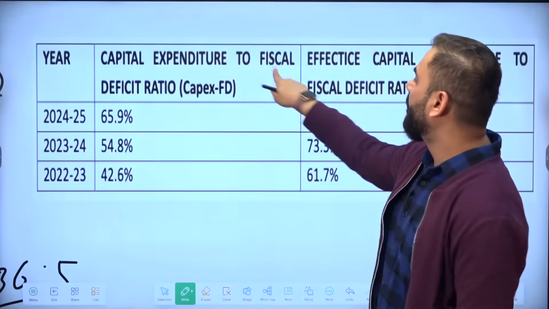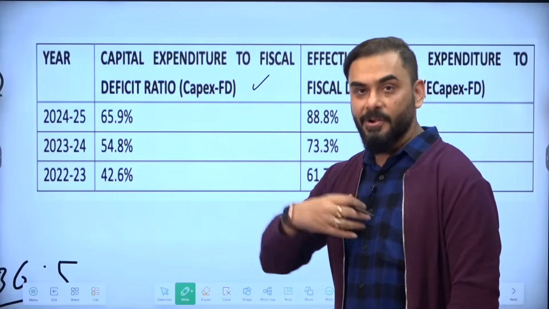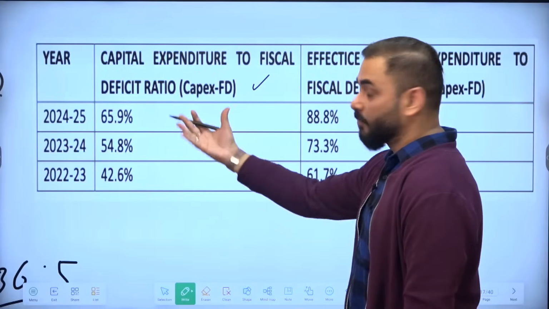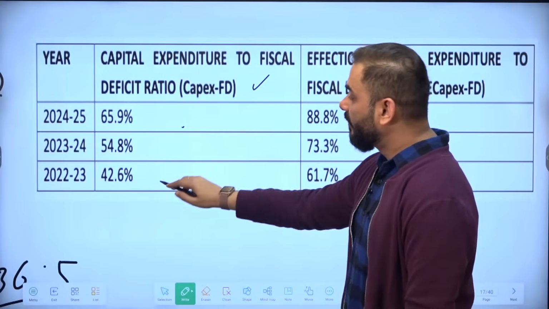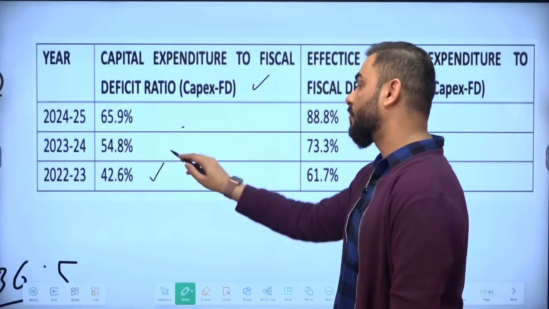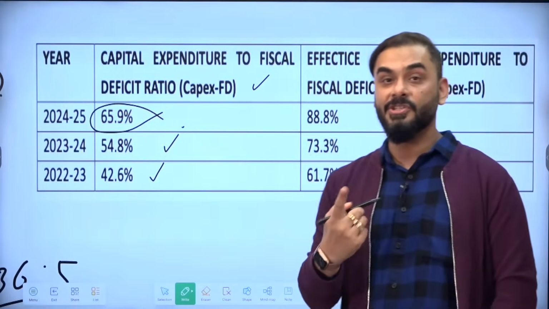So see, what is this? Capital expenditure to fiscal deficit ratio, which means whenever we borrow 100 rupees, how much of it do we use to create assets? Suppose we have borrowed 100 rupees. Out of that, we were earlier spending 42 rupees to create assets like roads, hospitals, schools, then 54, and now 65.9, meaning 66.